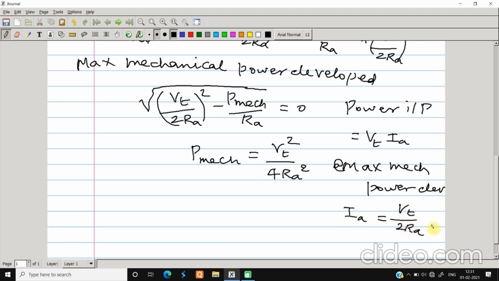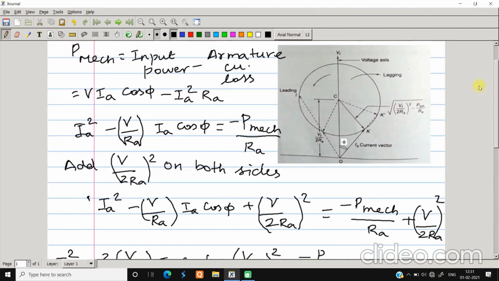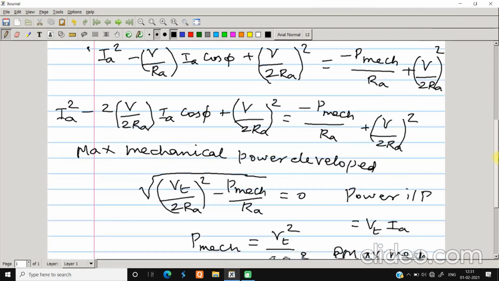Why? Because this Ia vector will be in phase with this Vt vector. So this Vt vector has this distance to be covered up to the center of the circle, so the Ia current vector will be in phase with this vector, so that Ia will be equivalent to Vt by 2Ra when the maximum mechanical power is developed.